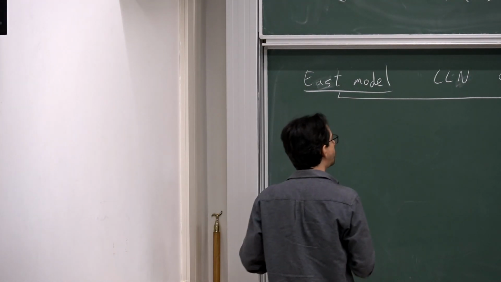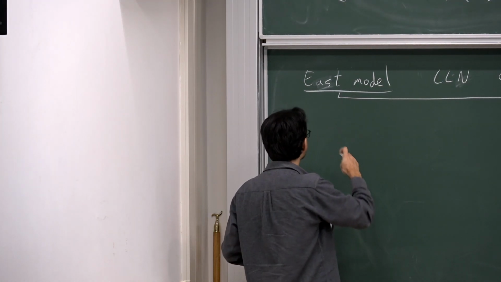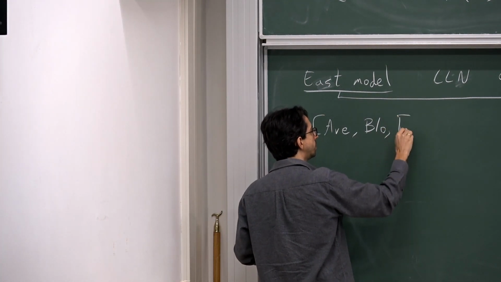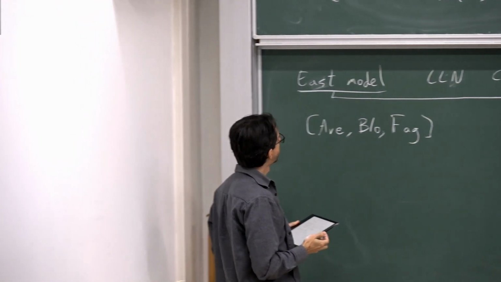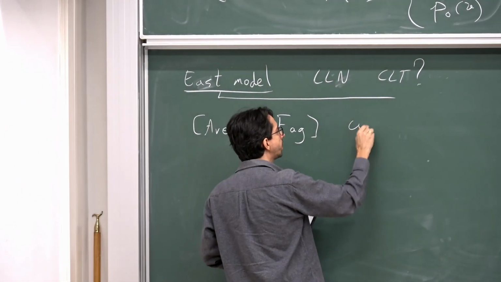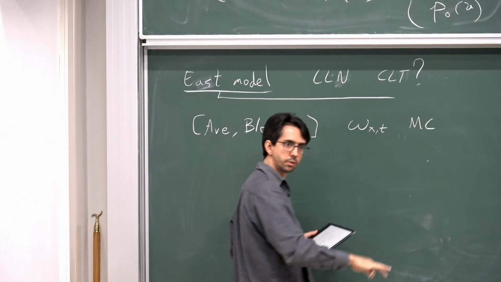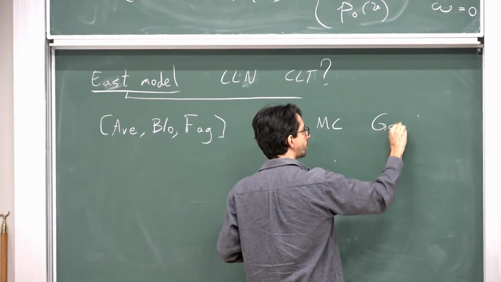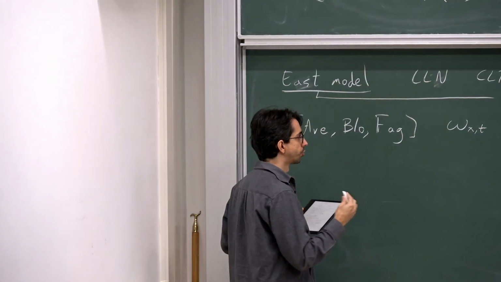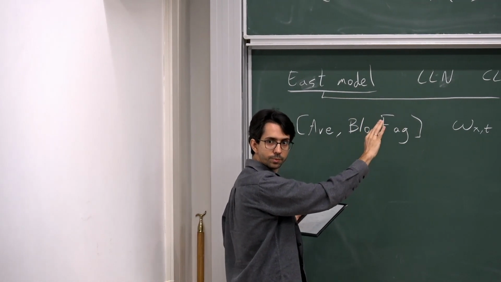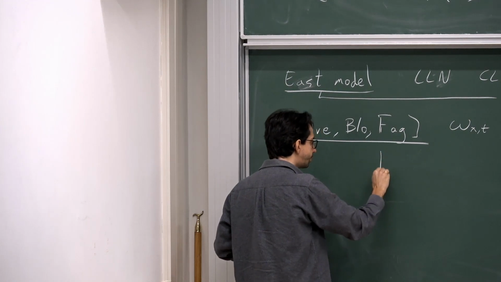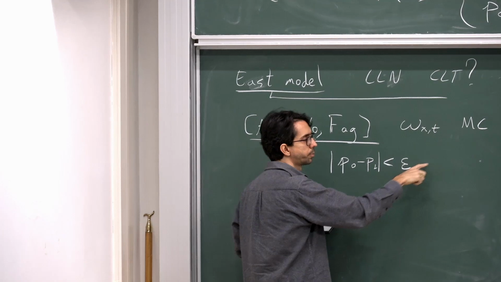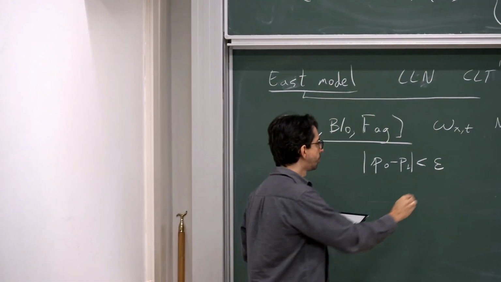We do have one situation for this model where we have CLT, due to Avena, Mondel, and Alessandra, where they prove that if omega is a Markov chain in space-time that has a positive spectral gap, which is all satisfied by this model, so we're in good shape here, but they have an extra hypothesis: P0 minus P1 should be very small, an epsilon that depends on the gap. Then we have CLT.